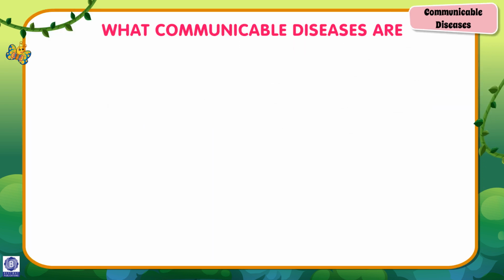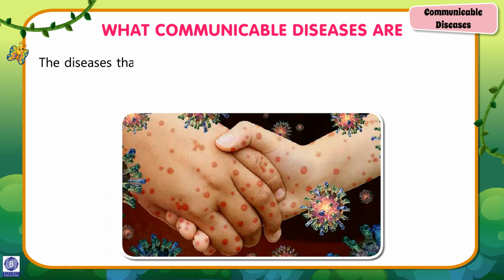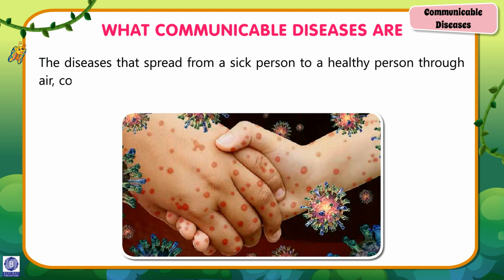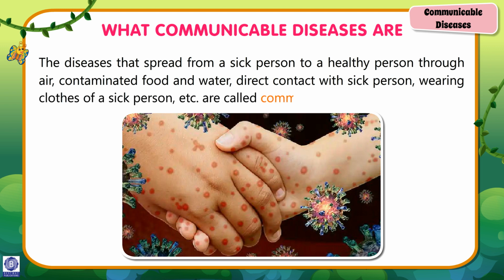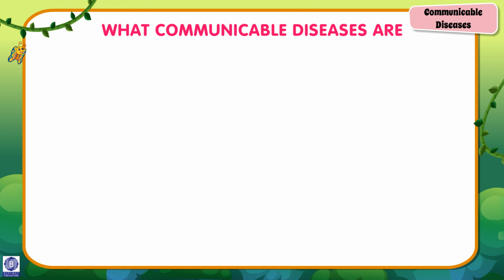What are communicable diseases? The diseases that spread from one person to a healthy person through air, contaminated food and water, direct contact with a sick person, wearing clothes of a sick person, etc. are called communicable diseases.